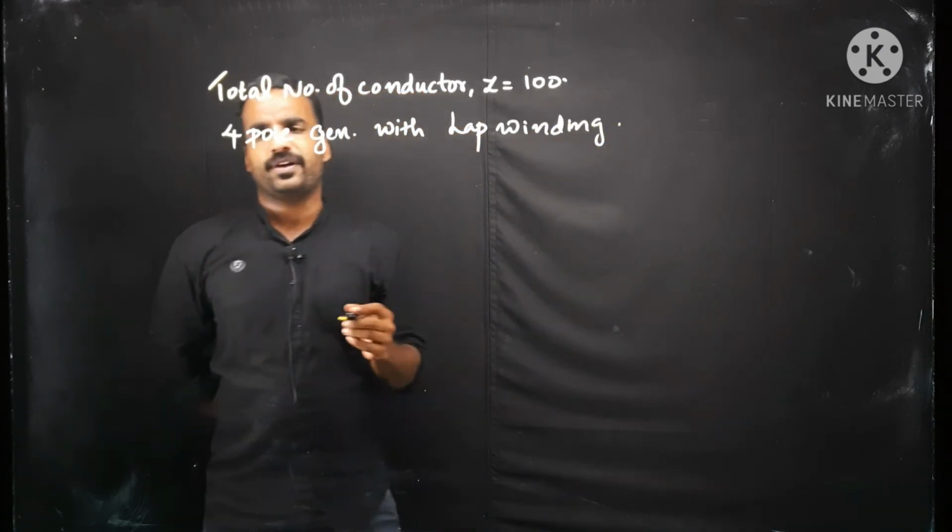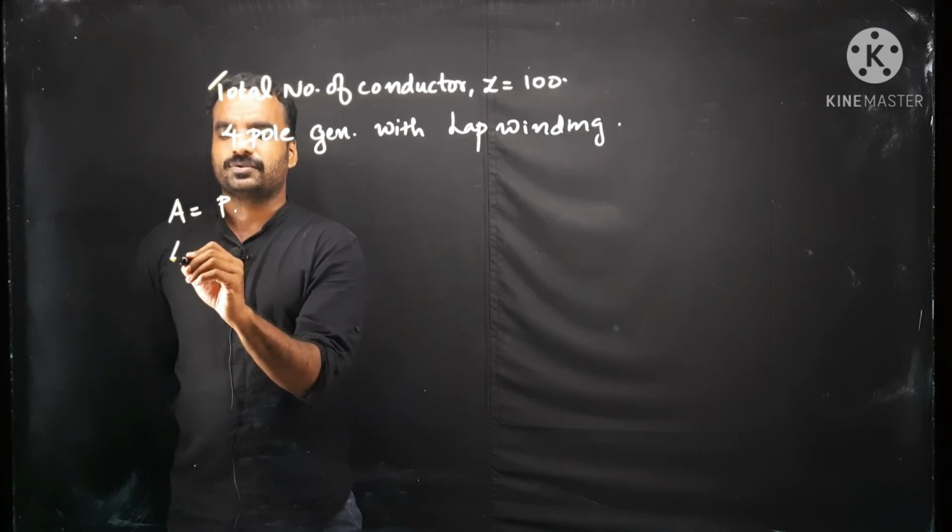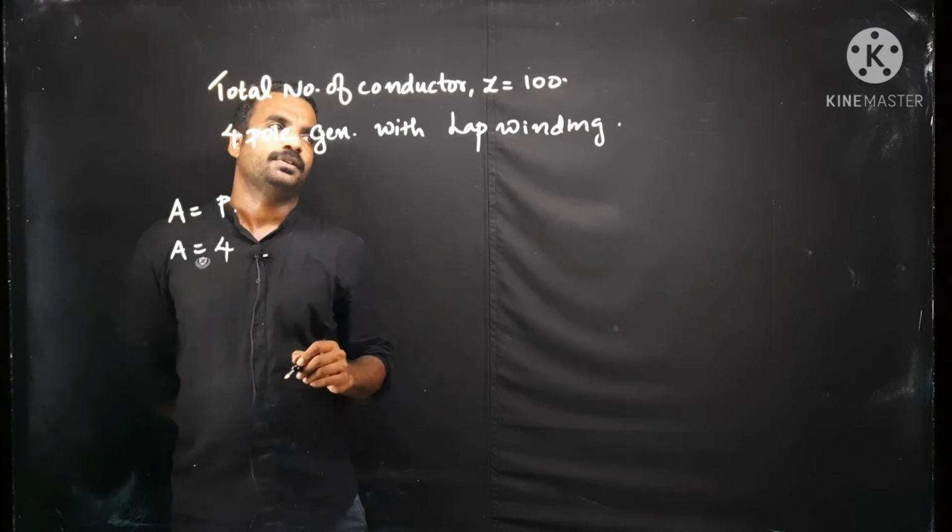As it is lap winding, we know that the number of parallel paths is equal to the number of poles. So the number of parallel paths is equal to 4.